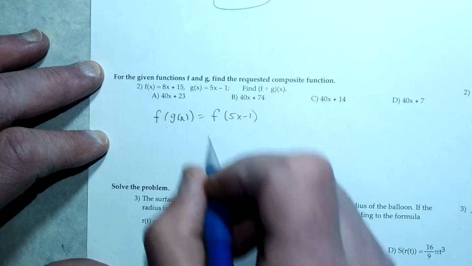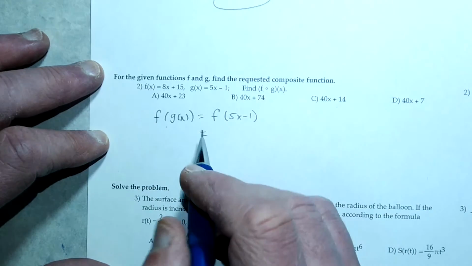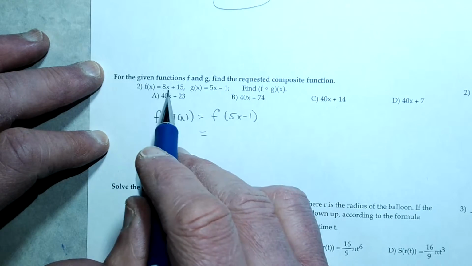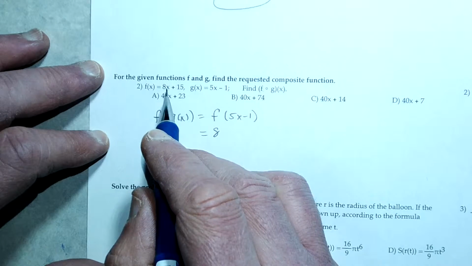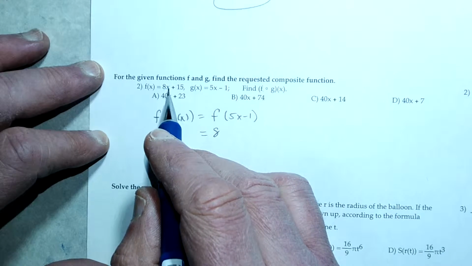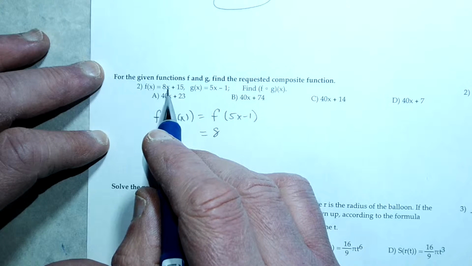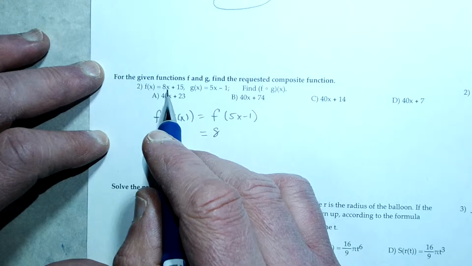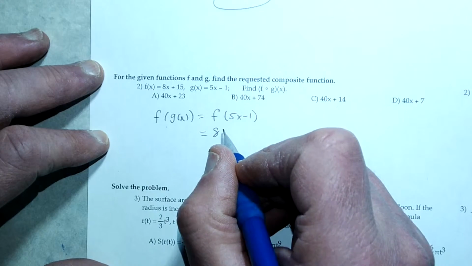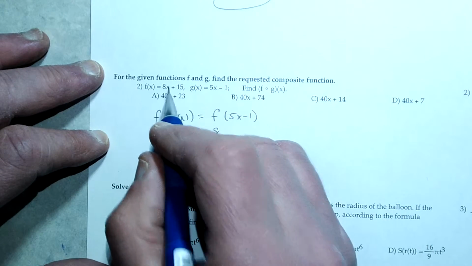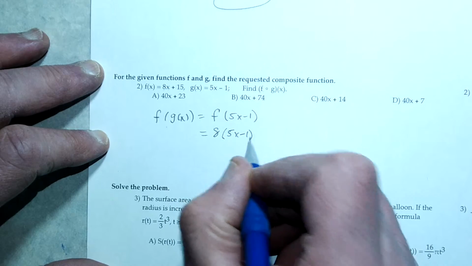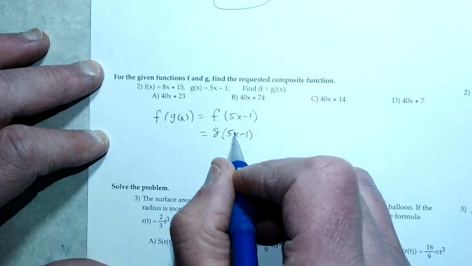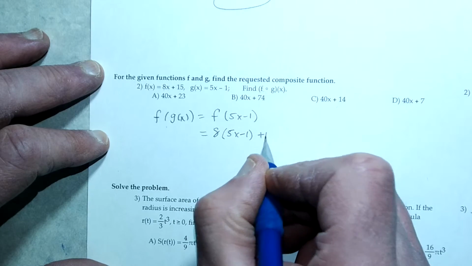When I evaluate this f of x function, it's to multiply by 8, whatever the input is. But my input is actually a function, g of x, which is 5x minus 1. So instead of 8 times x, I'll have 8 times 5x minus 1. I'm literally putting the g of x function in for x, plus 15.